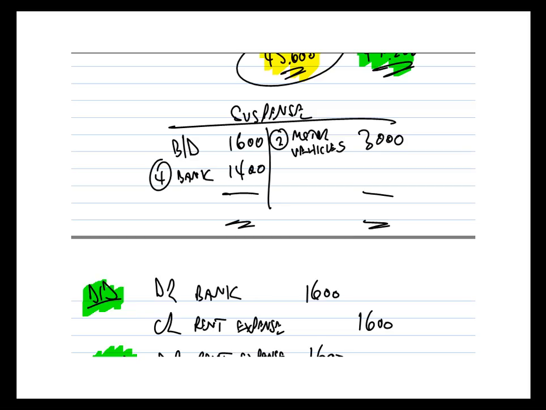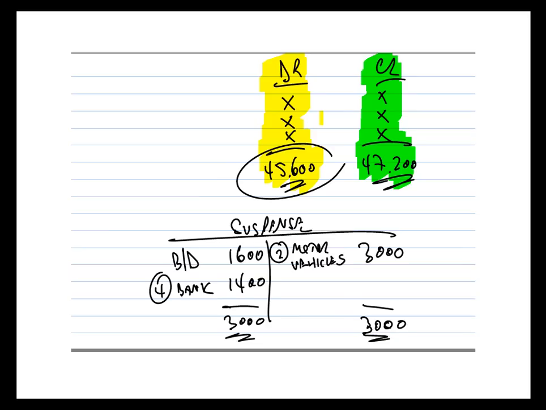And if we now balance off the suspense account, you can see we have indeed got 3,000 on both the debit and the credit side, which means that we've cleared the suspense account to nil. So we've effectively eliminated the suspense account from the trial balance, and if we'd posted all of our journals, it would therefore have corrected the trial balance.